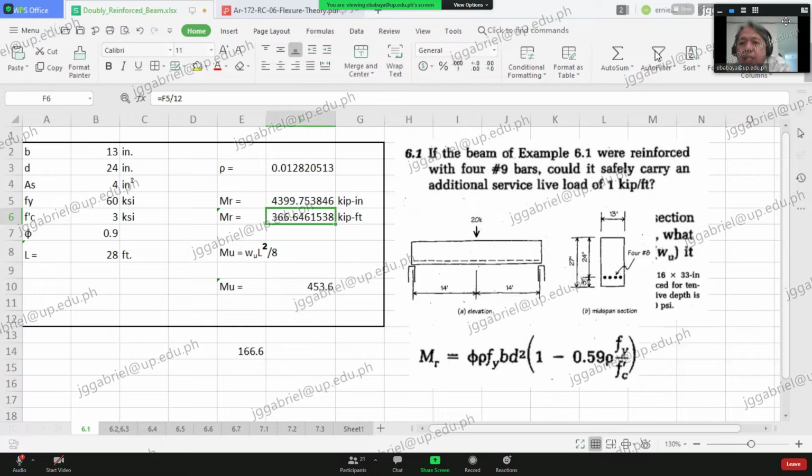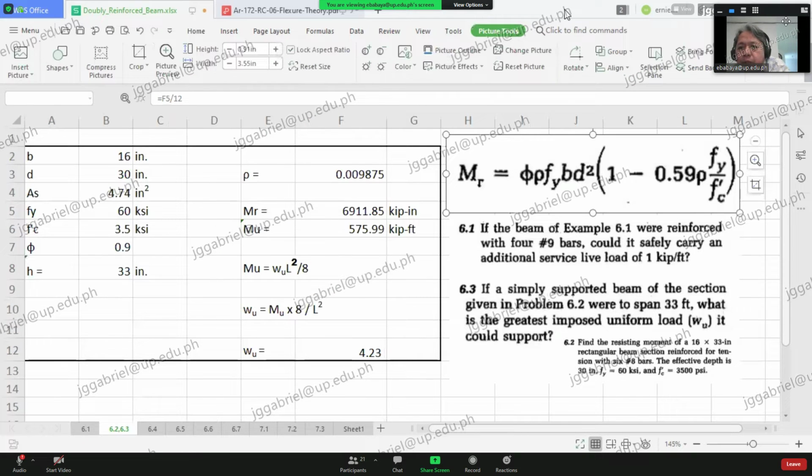Do you agree? Any question for this problem? Question? So you understand it. Understood? Malinaw? Okay, good. If I don't hear any response, that means it's a yes. Pero that's good, no? Nagta-thumbs up kayo.